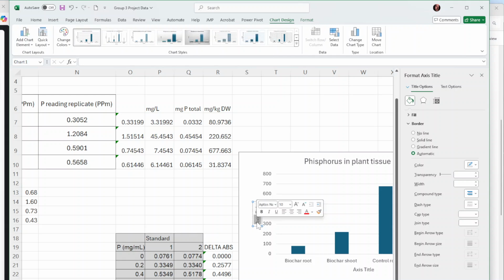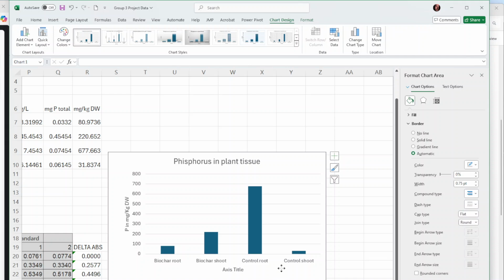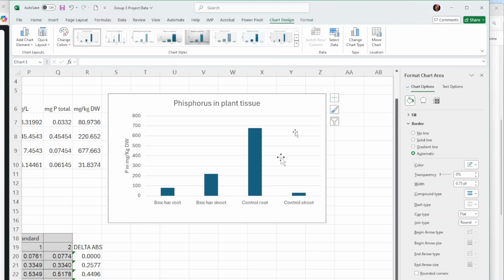This one will be P in milligrams per kilogram of dry weight. And your axis will be with the unit there, and I know what it is. So you can show this type of graphics in your reports, and I will understand that you correctly evaluated the concentration in your plants.